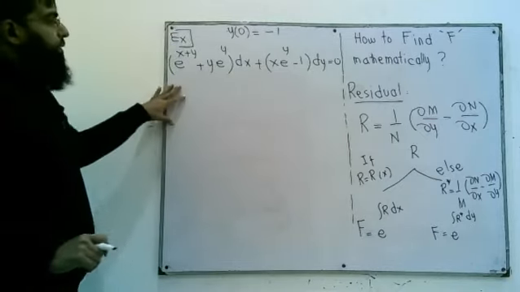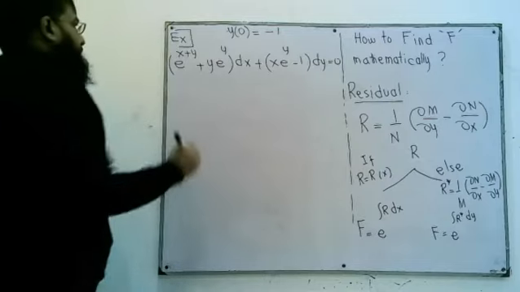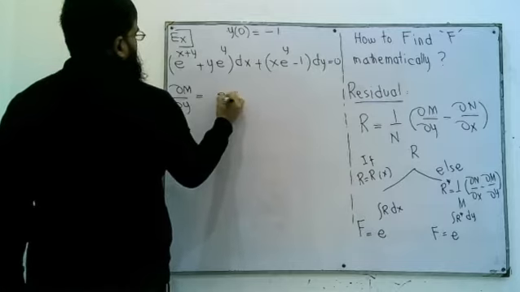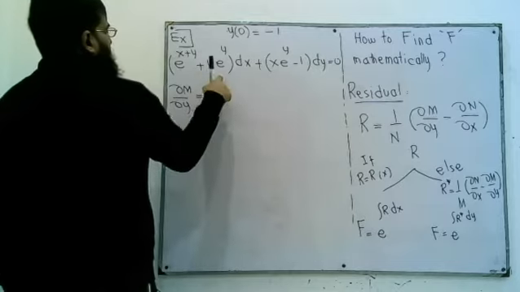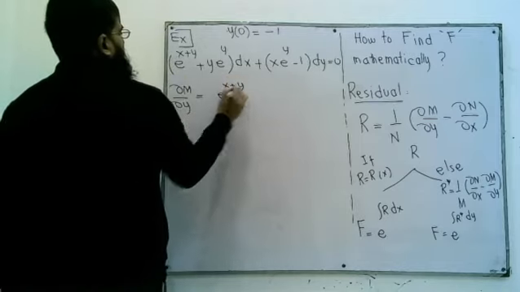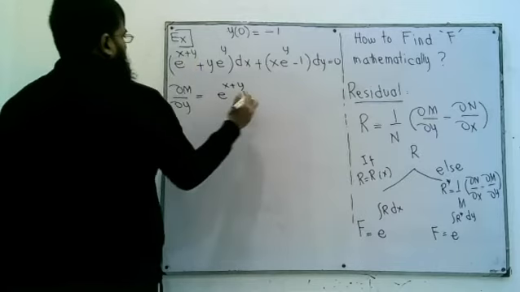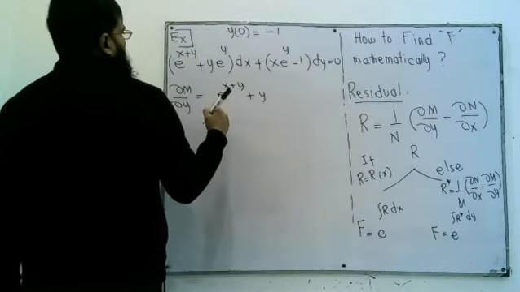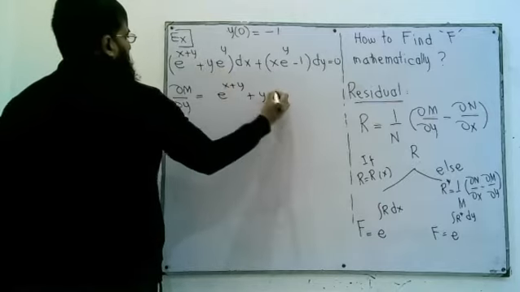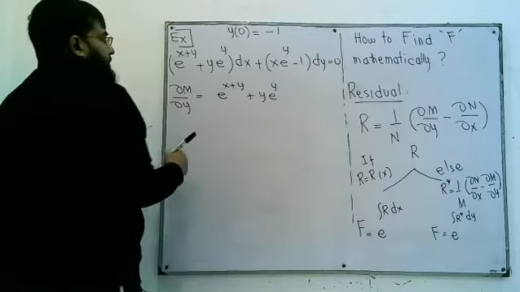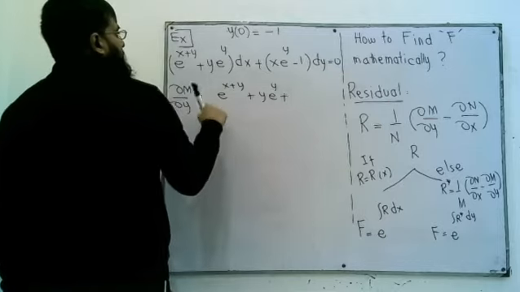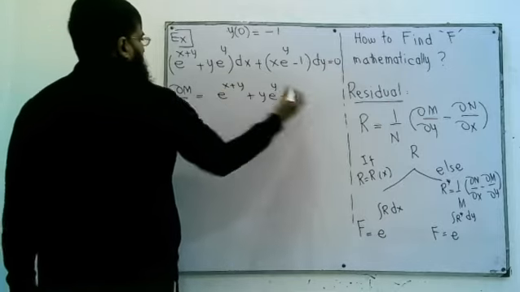So first we have to check whether this is an exact type of ODE or it is not. So partial m over partial y: if we differentiate this with respect to y, this is e to the x plus y times the derivative of x plus y, which comes out to be 1, plus the derivative of the second term, y e to the y, using the product rule: y times the derivative of e to the y, which is e to the y, plus the derivative of y, which is 1, times e to the y as such.